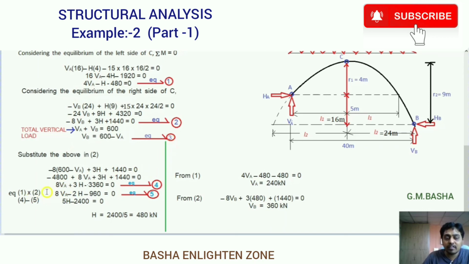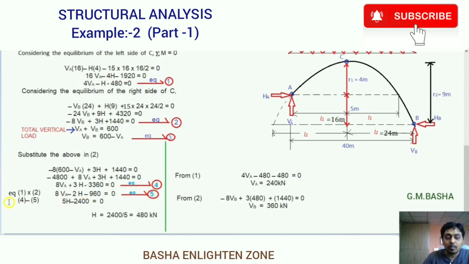So there will be two options. Here I am simplifying with 8VA, so I am taking 2 times of this equation number 1. Then you will obtain this equation as 8VA minus 2H minus 480 into 2, which is 960. So take down that equation as 5.